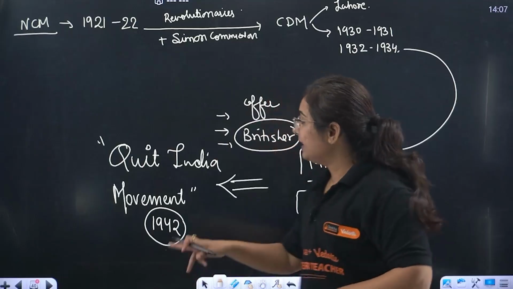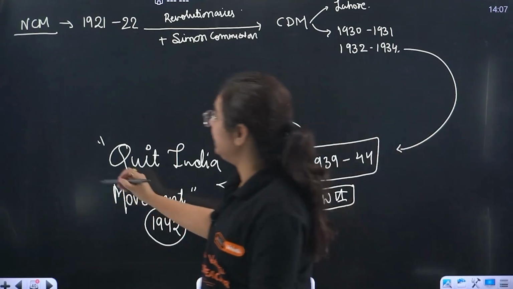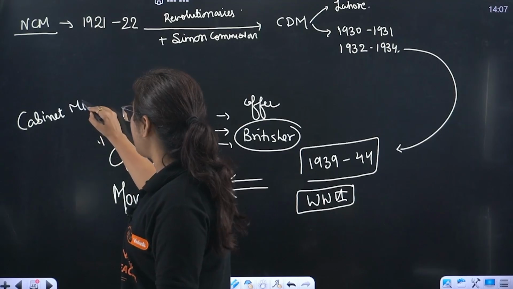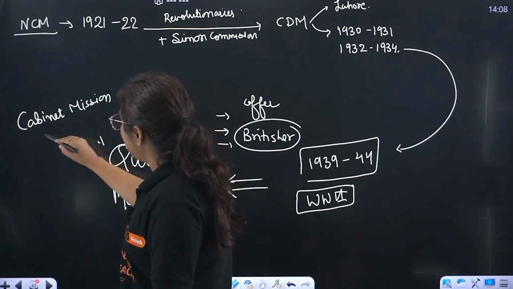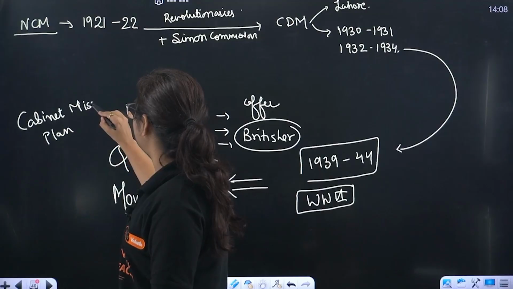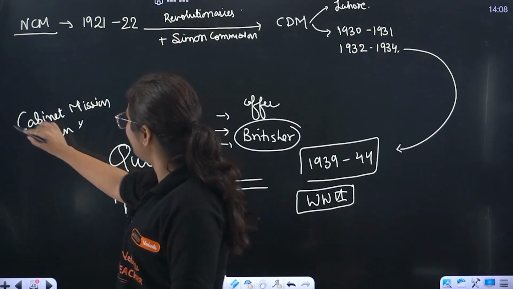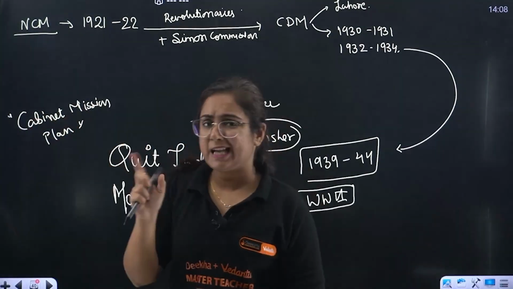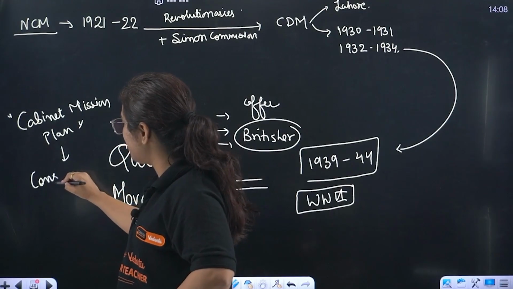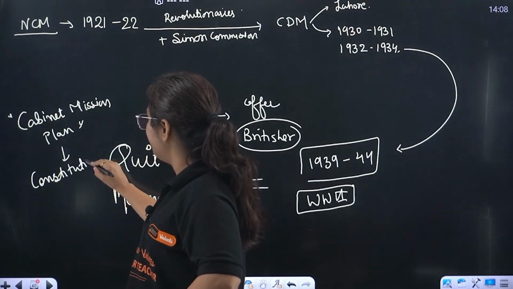Finally, after this Quit India movement, a plan came to India, that is the Cabinet Mission Plan. And in this plan, finally, the Congress accepted the plan. In the Cabinet Mission Plan also, we just accepted the offer that we will make the constitution for the nation. But what happened?